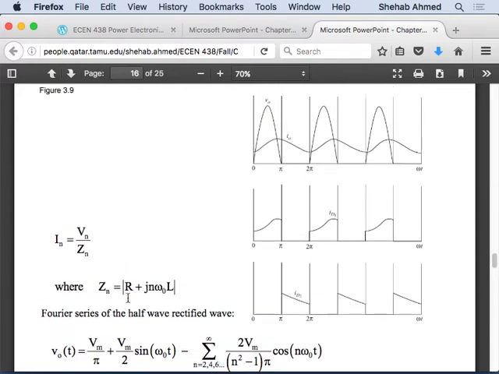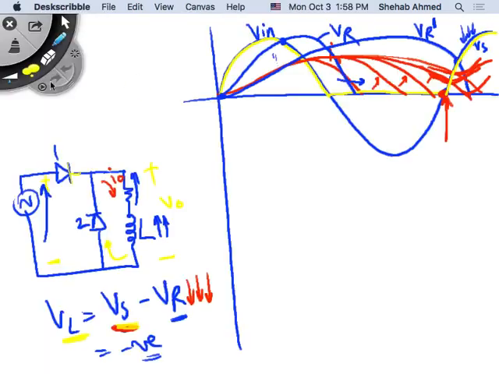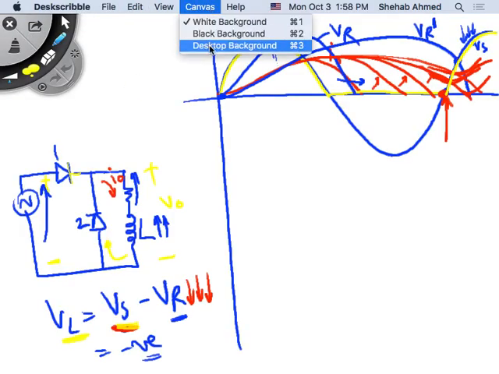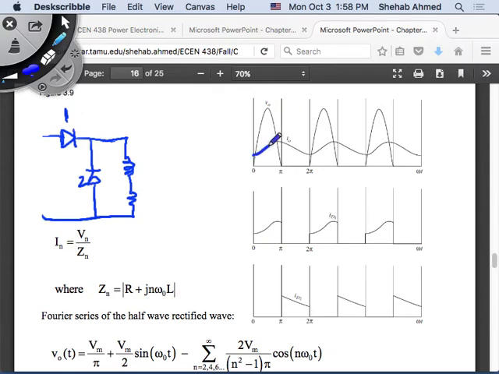So before we go there, similar to what we did, diode 1. These are the currents in diode 1 and diode 2. So they've drawn those for you. This is diode 1, this is diode 2. Remember, diode 1 is conducting here all the way until here, right? All the way until the voltage becomes 0.